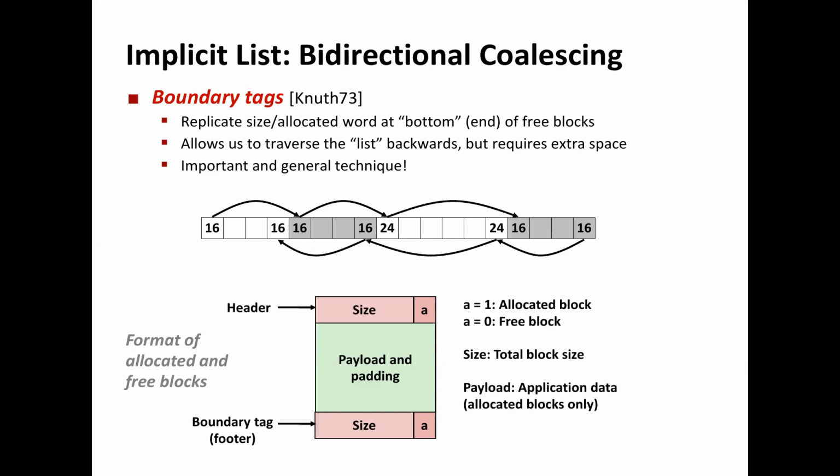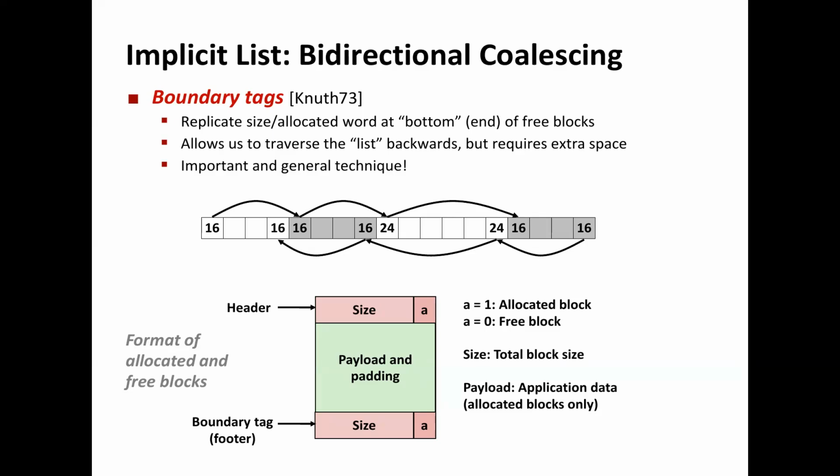What we can do about the footer to make it more efficient comes later. But just for a moment, assume that we can just replicate the footer and put it in as an addition to the header. So effectively, your payload is now a sandwich between header and footer. So this way we'll be able to traverse backwards.